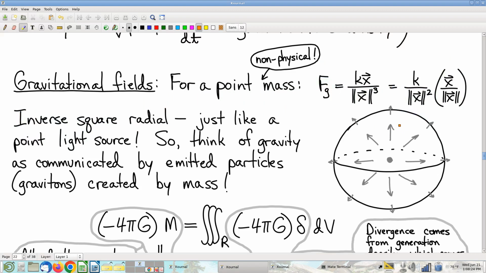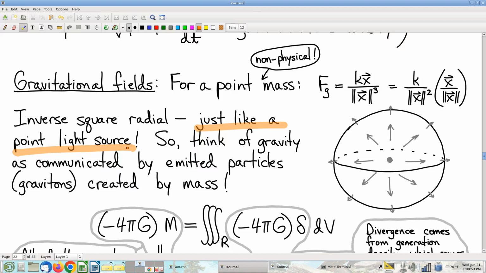Here's the really important observation. It turns out this is exactly structurally the same as a light bulb. Inverse square radial. Light bulbs are, the photon fluid flow that they create is inverse square radial. Just like gravity. Now, they're totally different things, right?